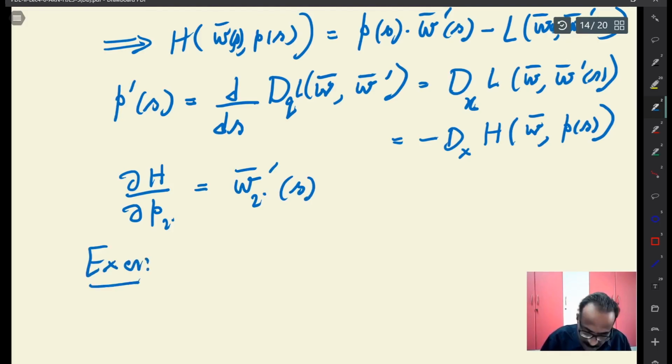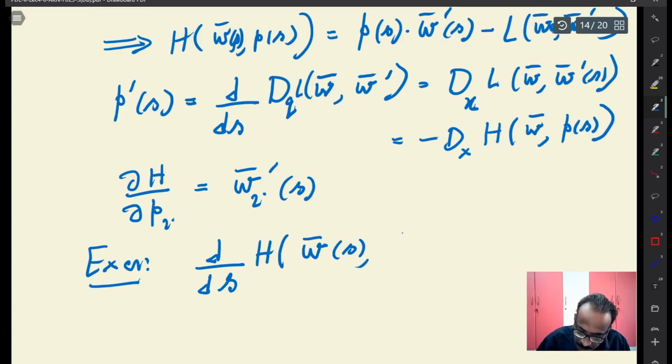I have done it a little bit quickly, but go through our book. For any error, W bar of S, P of S. You can show that this is an exercise.